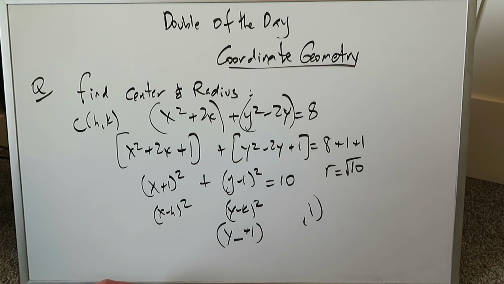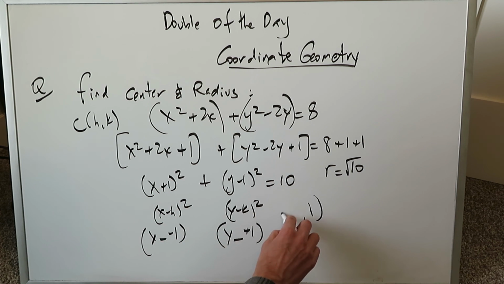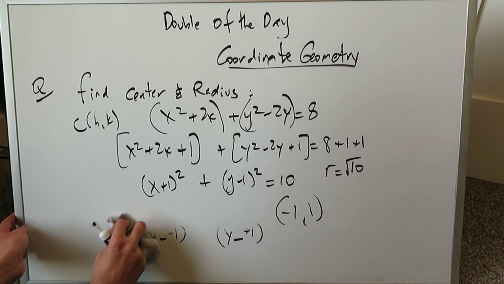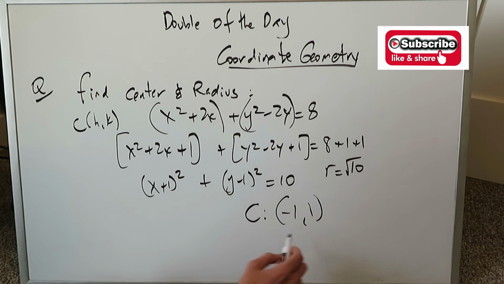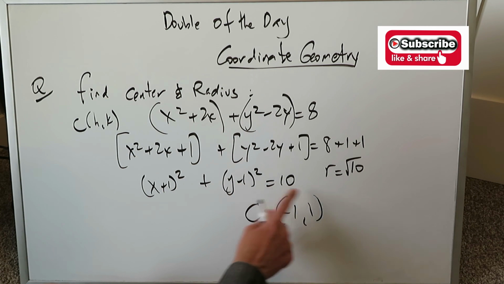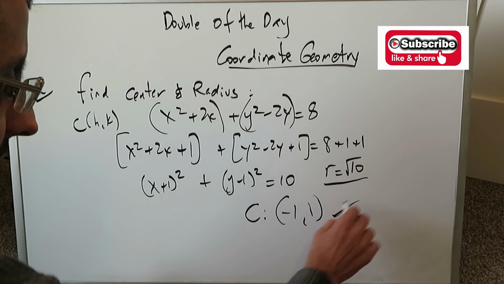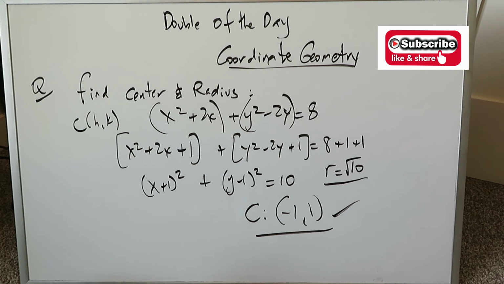I'm talking about stuff like that in that video. x plus 1 came from an x minus -1. So you know here your h value is -1. And that's exactly how all of this played out to give you a center of -1, 1, and a radius of √10. And with that, your answer is done, and it is 100% correct.